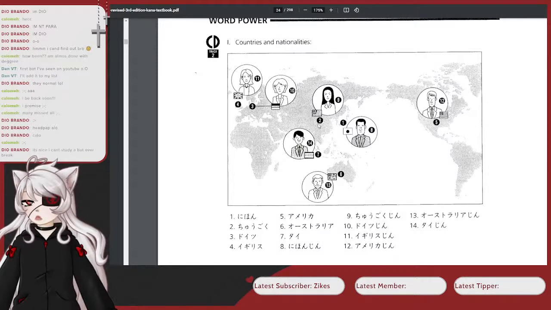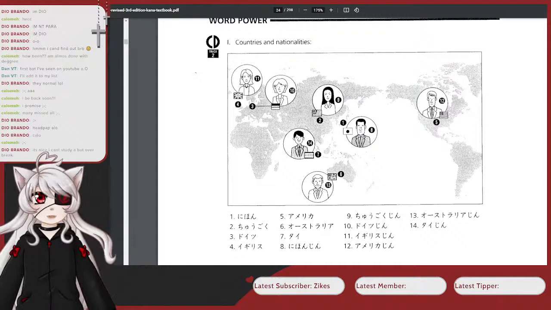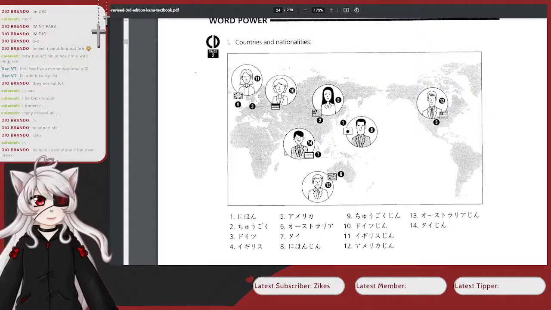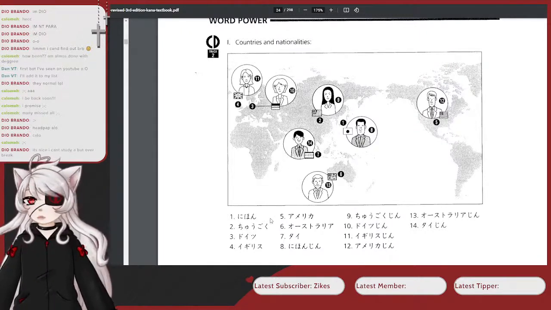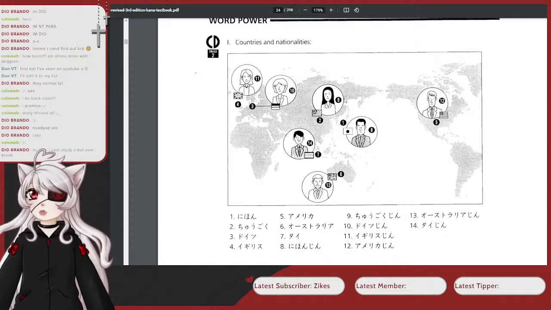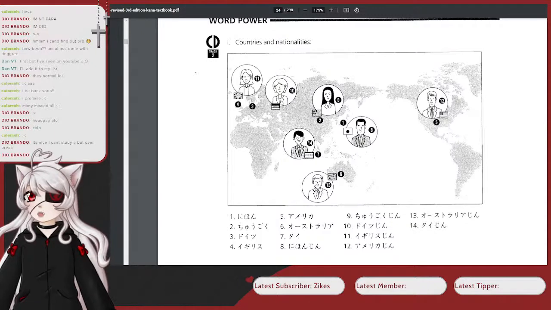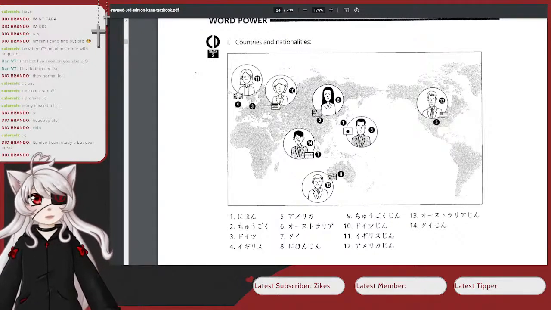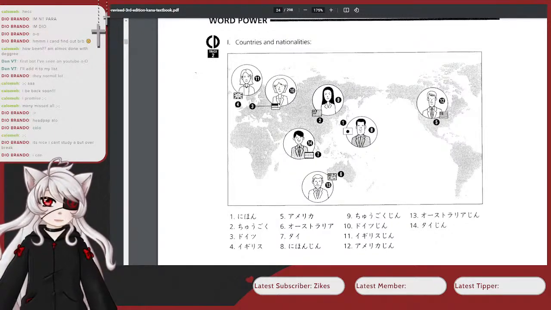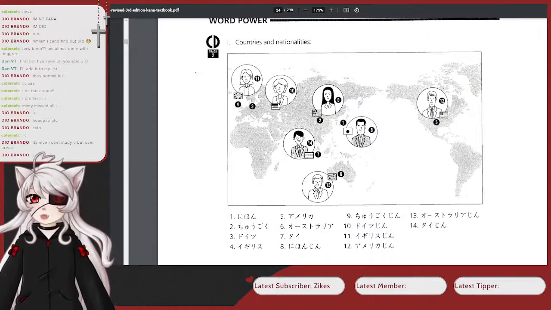Do you mean I can study? Is that a typo? But in this very hard to see map, we've got people labelled and we've got countries labelled. Oh, I can. That's what I thought you meant, but I was like, hold on.